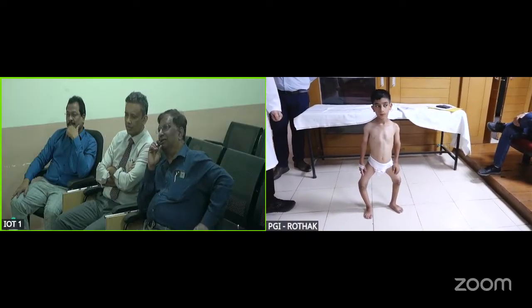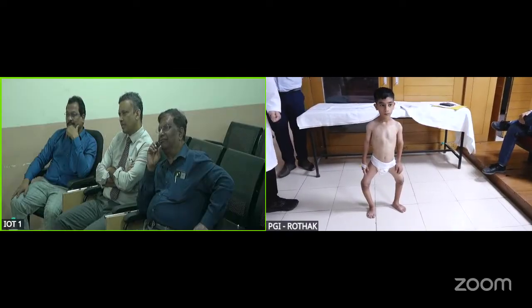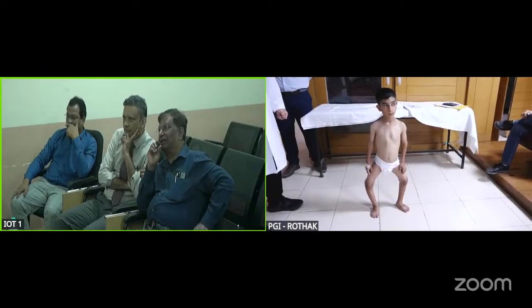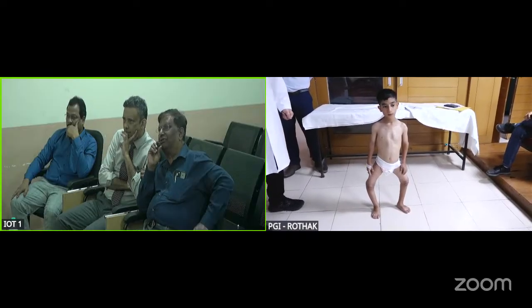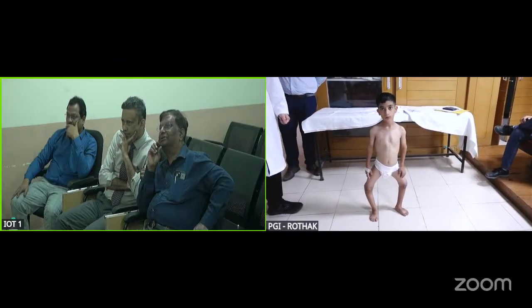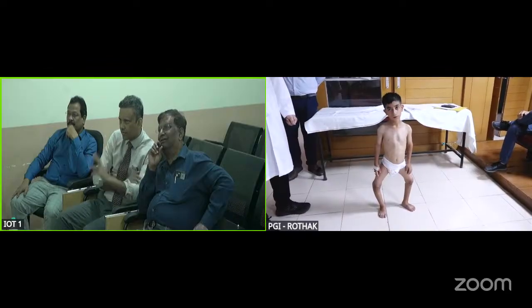It appears that the right thigh is longer than the left thigh. Proceed.